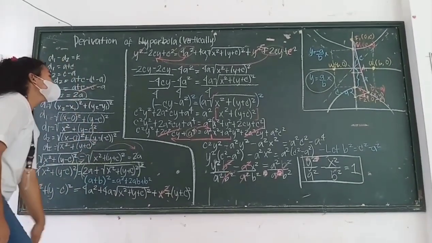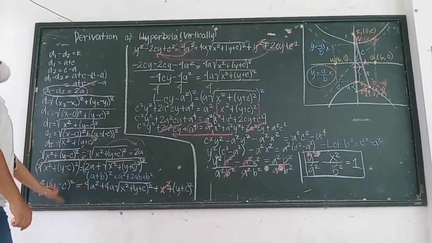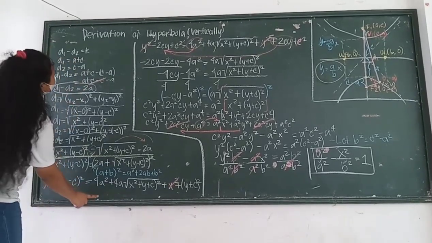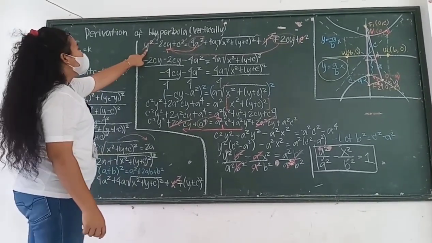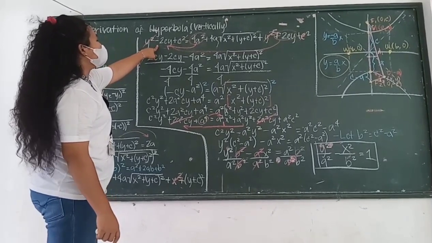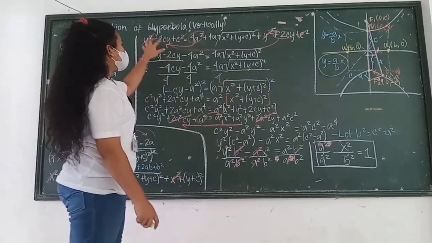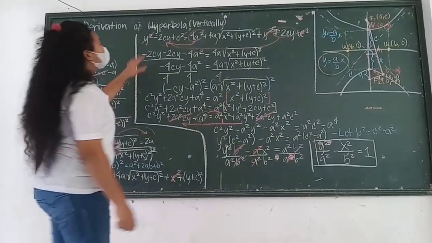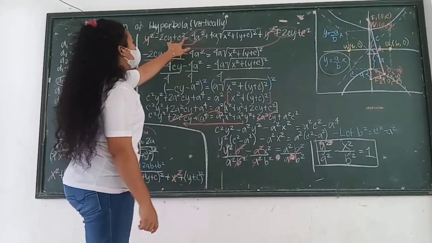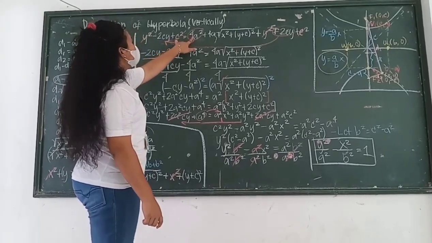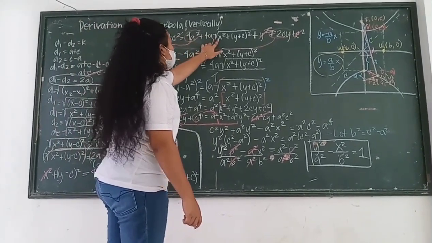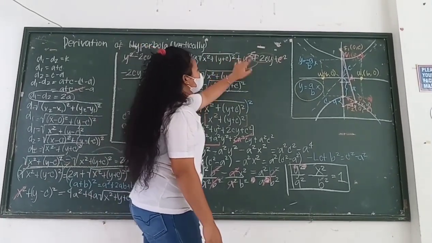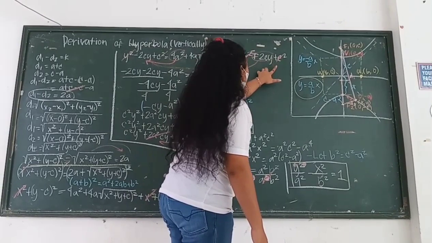So again, I have done the shortcut form, or I have expanded this one. So y squared minus 2cy plus c squared is the expanded form of y minus c squared. So I have written that here. That will be equal to 4a squared plus 4a square root of x squared plus quantity of y plus c squared plus y squared plus 2cy plus c squared.